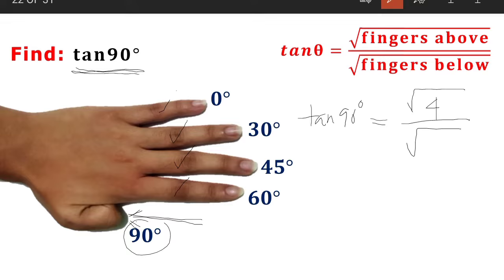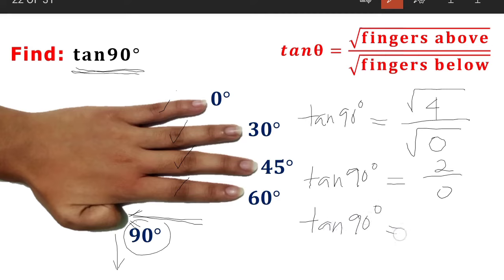Is there a finger below the thumb? None. So we will write here 0. Next, simplify. Tan 90 degrees equals square root of 4 is 2 and square root of 0 is 0. So tan 90 degrees is 2 over 0. And if the denominator is 0, the result is undefined. So tan 90 degrees is undefined. So the answer to this is undefined.